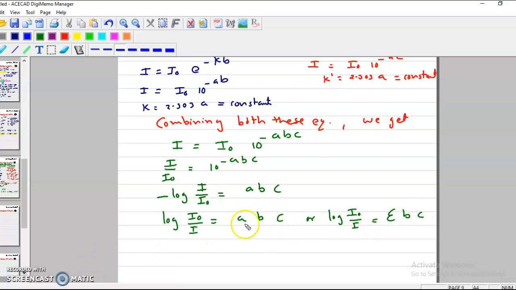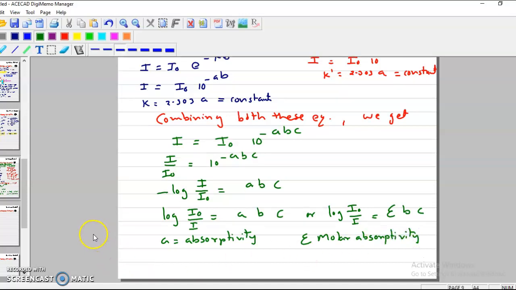Here either you take A or epsilon, because both are absorptivity. A is absorptivity, where concentration will be in grams per deciliter, and epsilon is molar absorptivity, in which case concentration will be in moles per liter. That is the difference between these two.